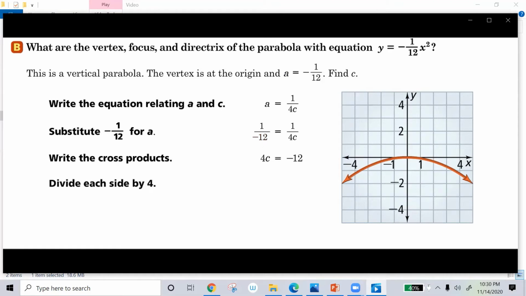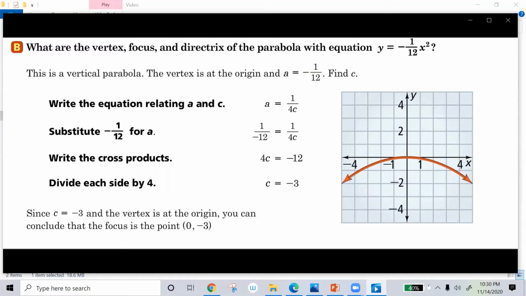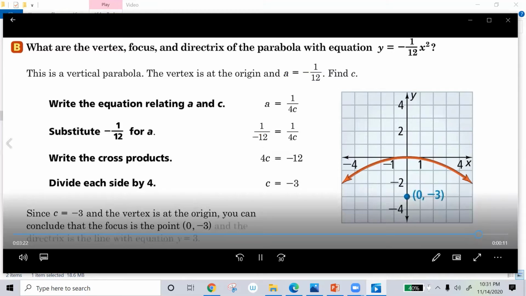Divide each side by 4 to solve for c. Since c equals -3 and the vertex is at the origin, you can conclude that the focus is the point 0, -3. And the directrix is the line with equation y equals 3.